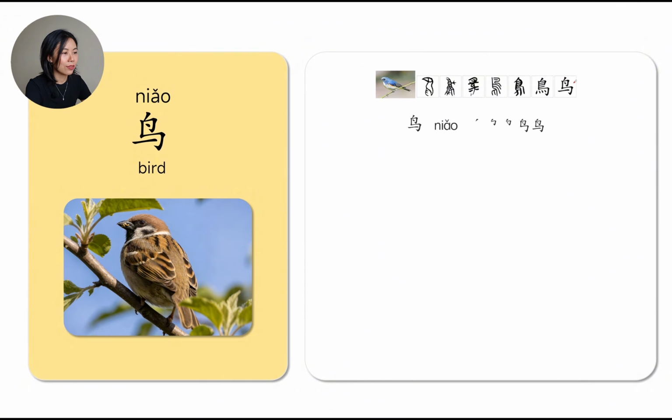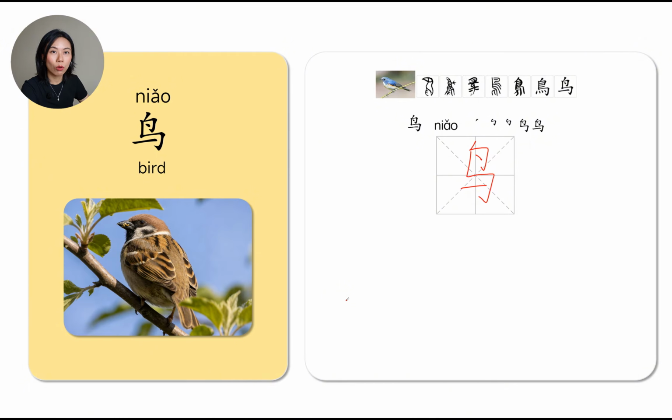And let's try to write the 鸟. We got 一二三四五, 这是鸟. Be careful, the 鸟 is kind of similar to the horse.